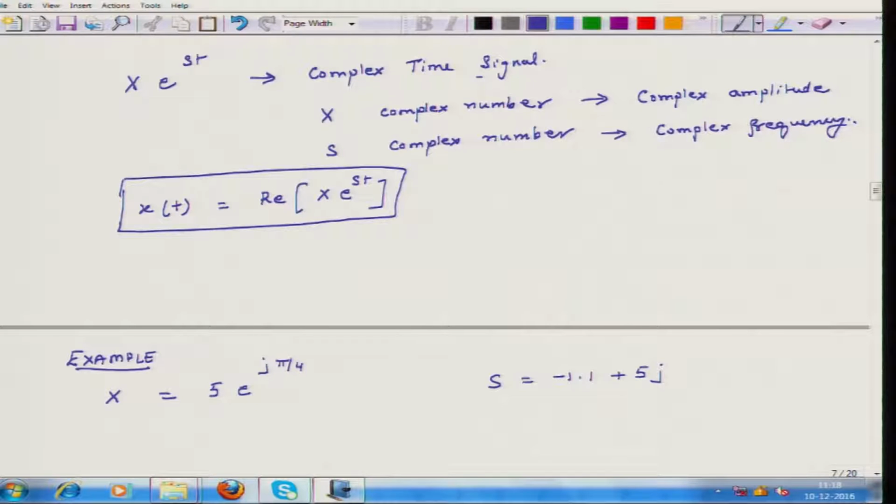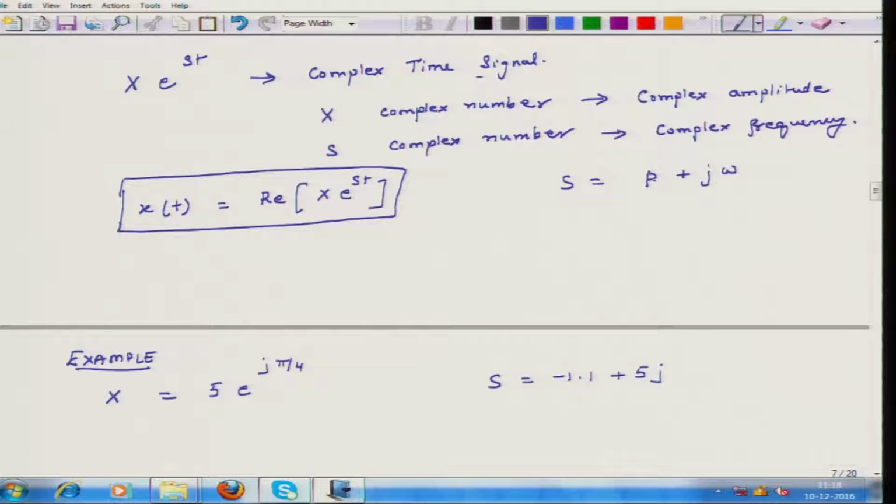A complex time signal has a complex amplitude and a complex frequency, and this complex frequency has real and imaginary components. So, complex frequency has a real portion, let us say p, plus j omega.